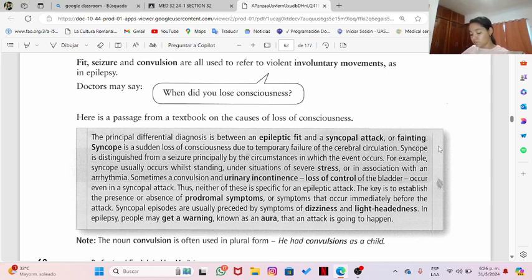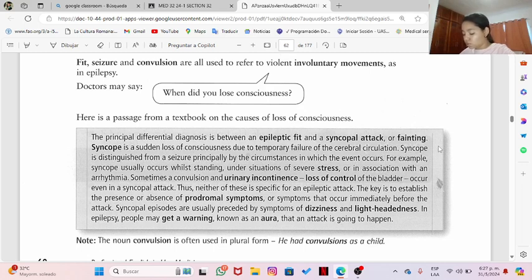Syncope is distinguished from a seizure principally by the circumstance in which the event occurs. For example, syncope usually occurs whilst standing, under situations of severe stress, or in association with arrhythmia.